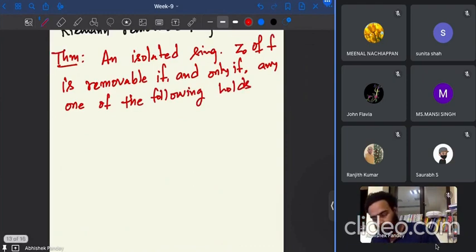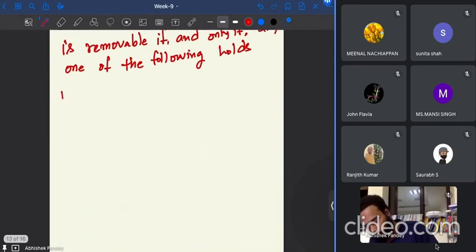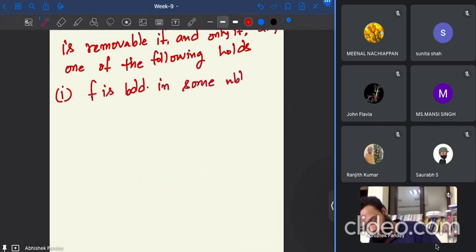What are these? First, f is bounded in some neighborhood of z naught.